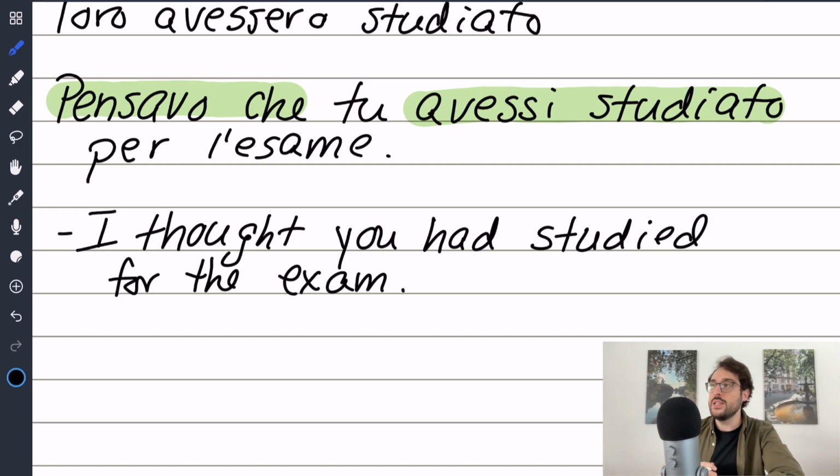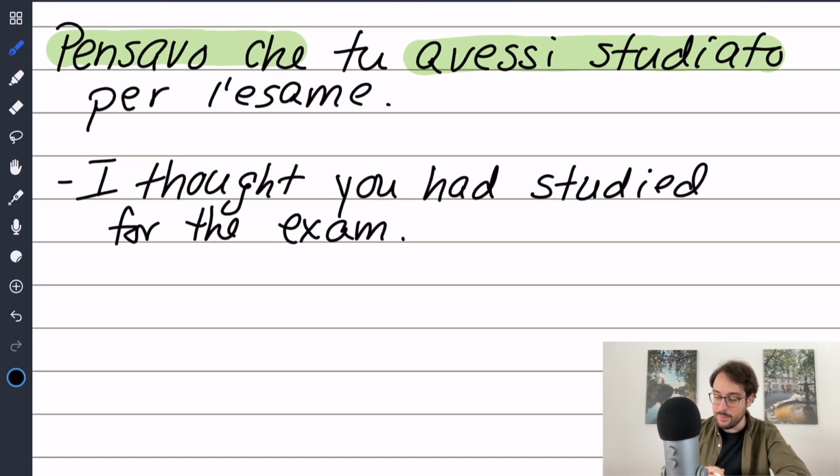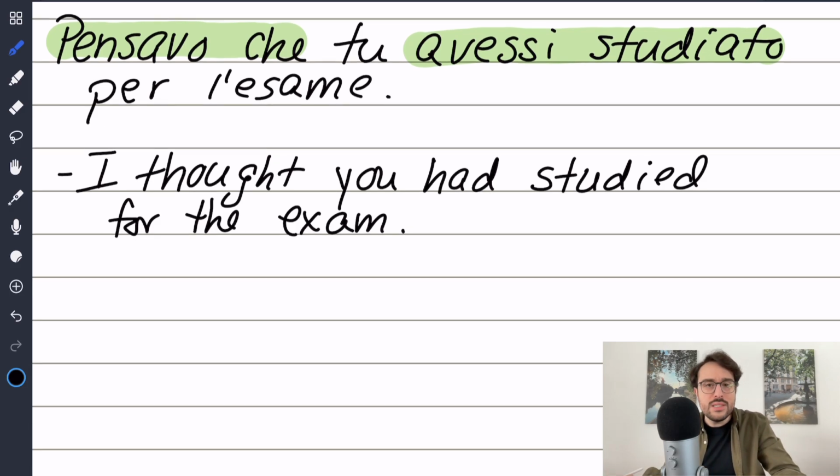You would use this in a situation where the context is letting you know that more than one action happened in the past. So what we understand when you're saying, I thought you had studied for the exam, doesn't it make you think like maybe you just were talking to your friend and they said, I don't know what happened. I got like a 40, I got a 50 on the exam. And you're like, what happened? I thought you had studied for it.